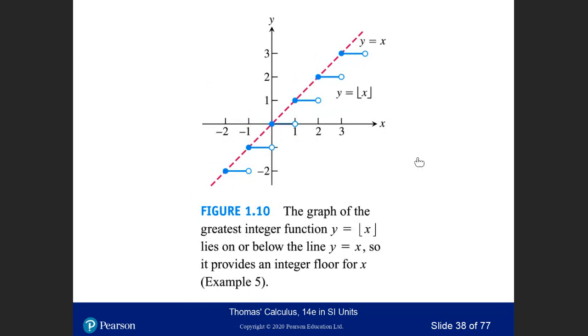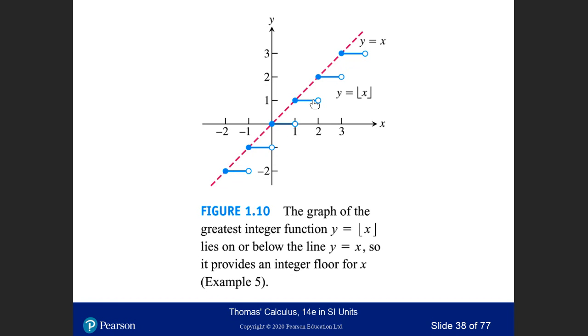Okay, that's the graph of this function. Now, when x is greater than 0 and less than 1, the greatest integer is 0. So that's the function. But when x is equal to 1, the graph jumps to the point, because 1 is the greatest integer less than or equal to x.